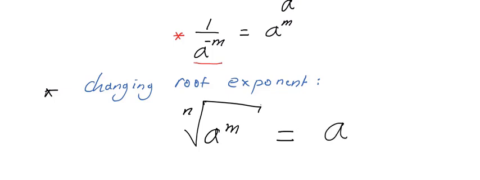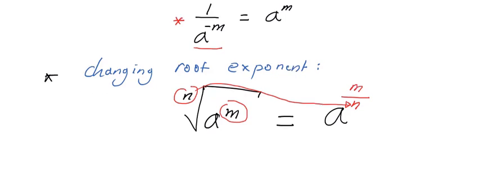Remember, always the exponent of a must be the numerator, all over n. You see, this n must come as the denominator of the exponent. Those are the things that you must know, changing from root form to power form.